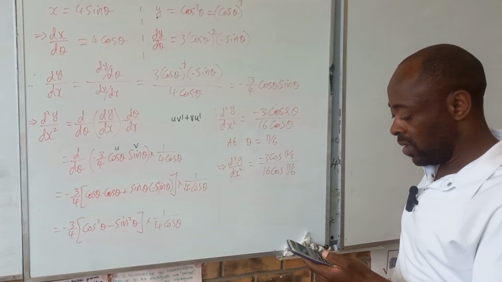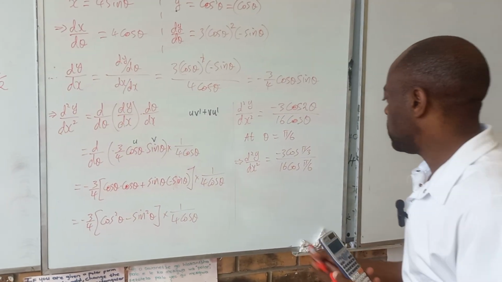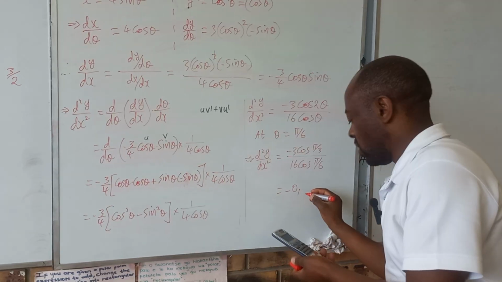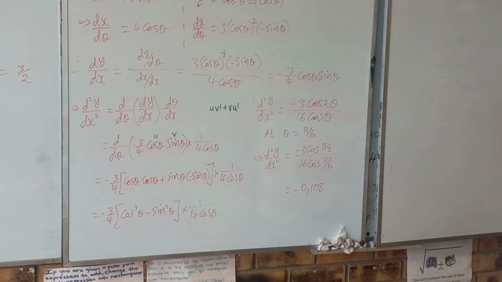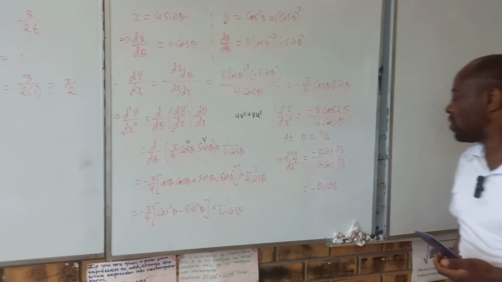So that way I've got my answer, which is negative 0.108. So the last part is just about you knowing how to manipulate your calculator.